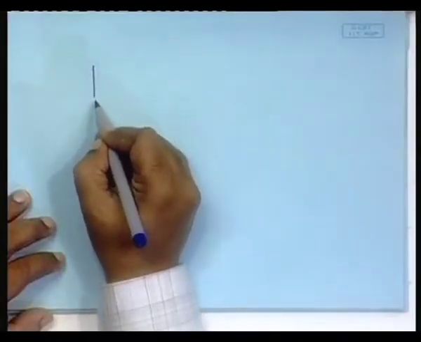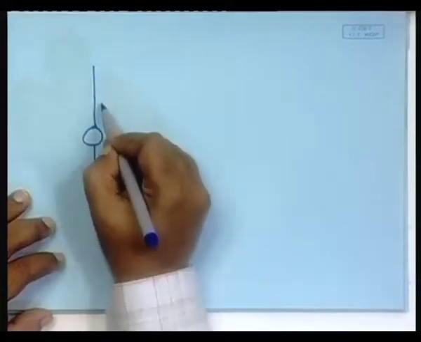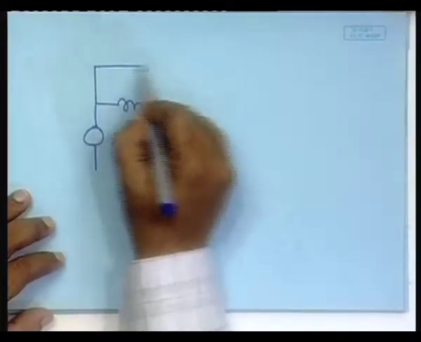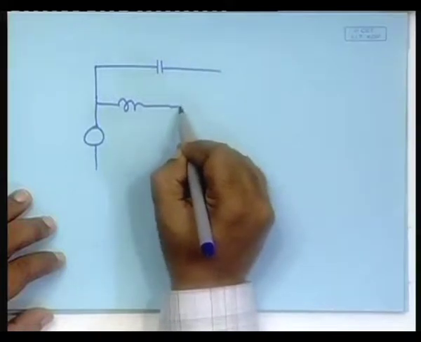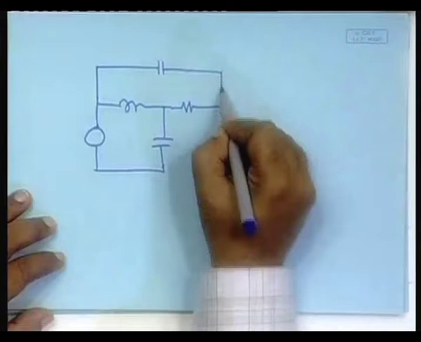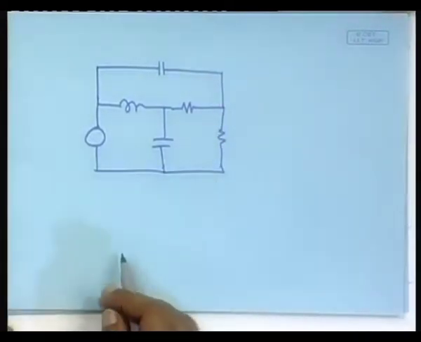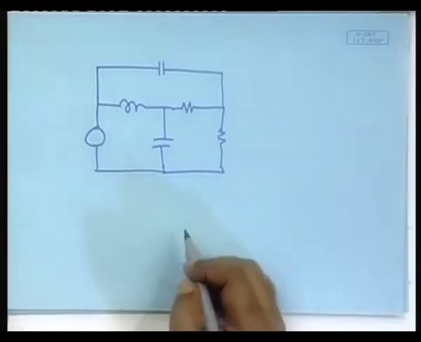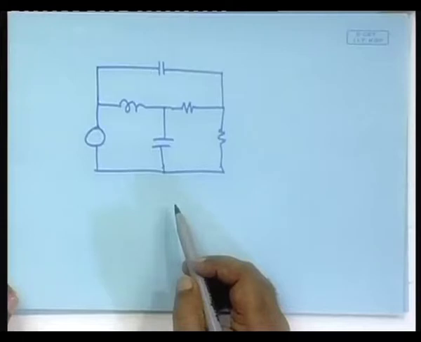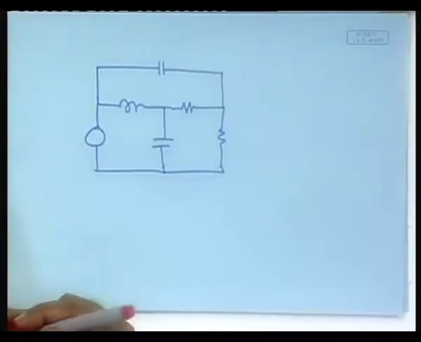So, if you have a circuit something like this, then what are the loops? Well, I can identify easily many loops.